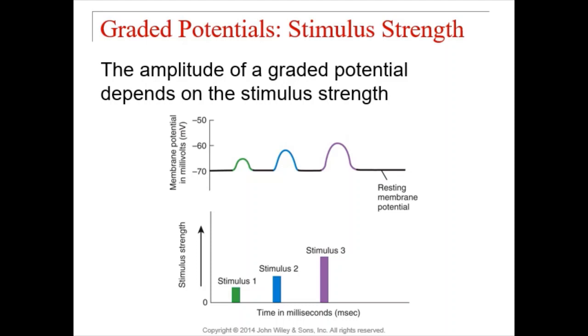And so again, a graded potential is basically a spark of electricity that's generated thanks to changes in that resting membrane potential, thanks to changes in the difference in charges across the membrane. And when we talk about these changes in charges across the membrane, they're not great changes.